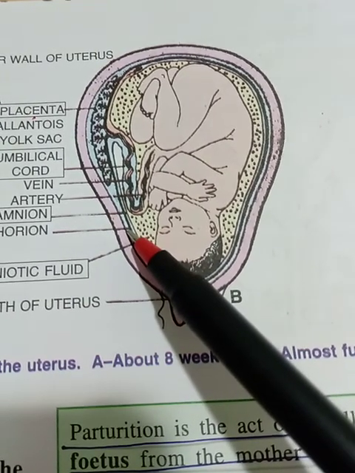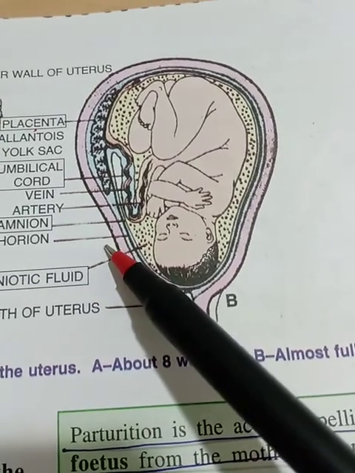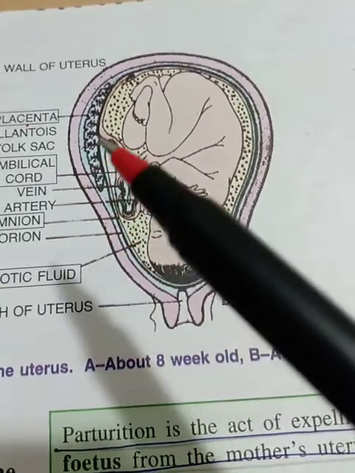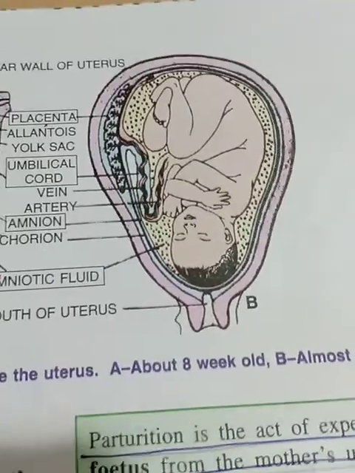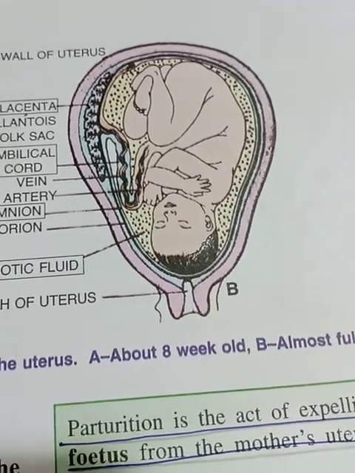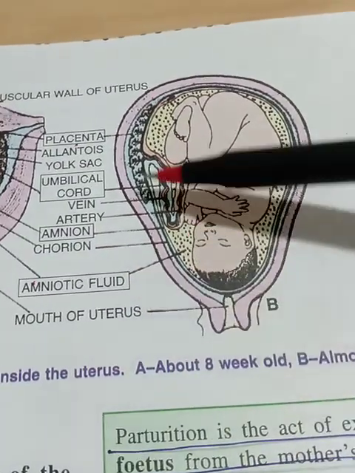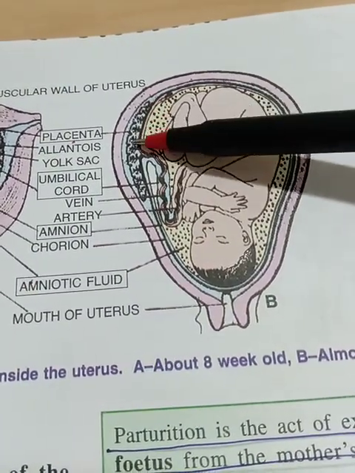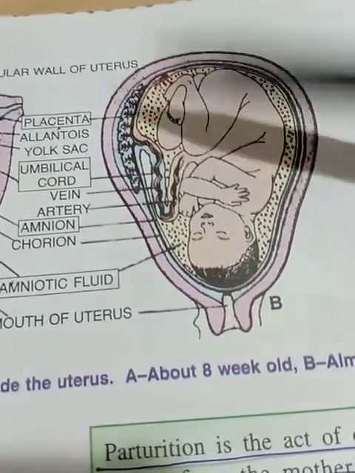But the term chorion is also used for the outermost membrane surrounding the embryo of a reptile or a bird or a mammal, right? So we can say it's a protective membrane for the embryo, and this contributes to the development of the placenta. You can see the placenta here, right? So chorion has a role in the formation of the placenta.